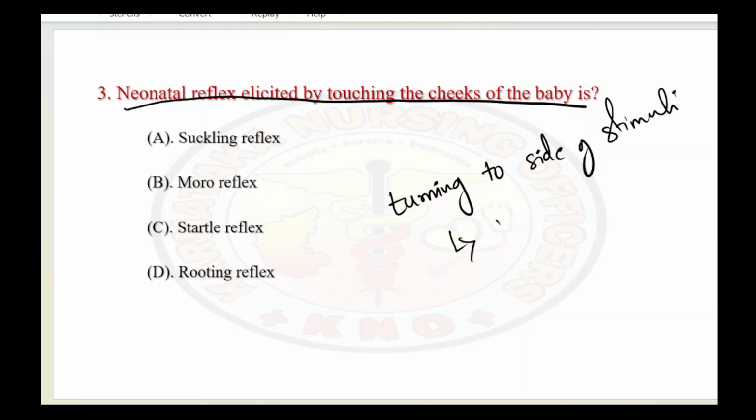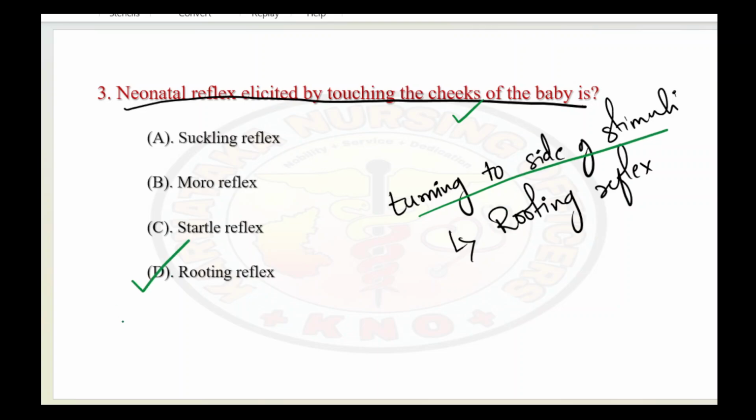This reflex is called rooting reflex. Okay, so whenever we are touching the child on the cheeks, the child will turn to the side of the stimuli. So that is the rooting reflex. So answer is C.